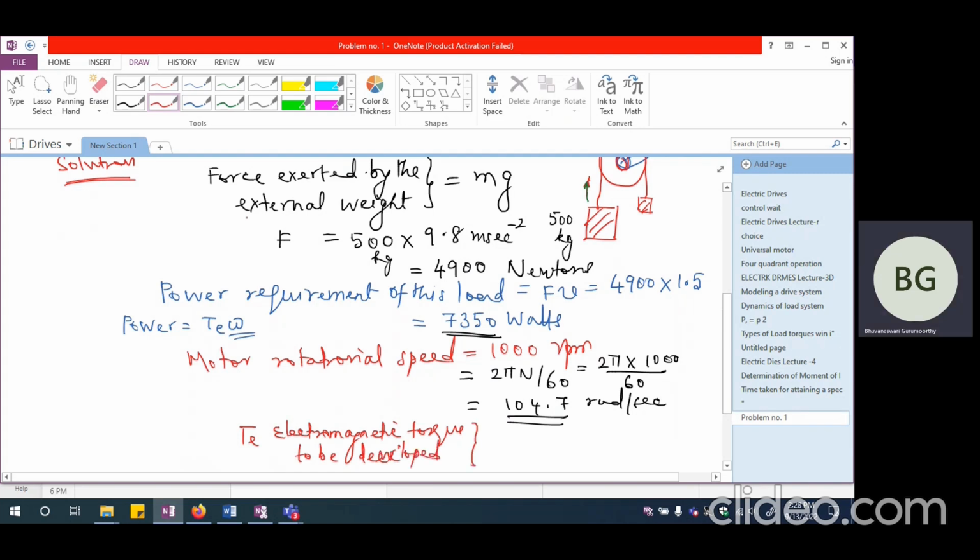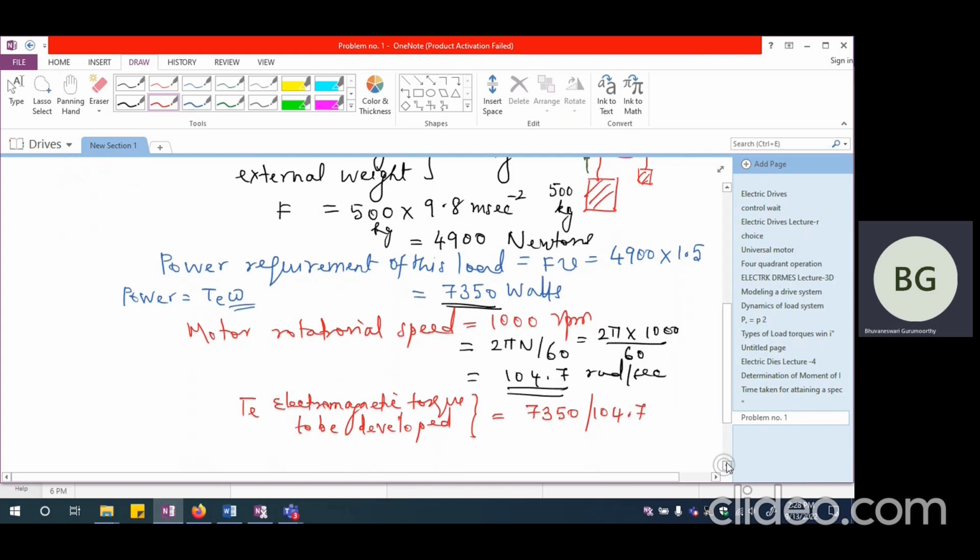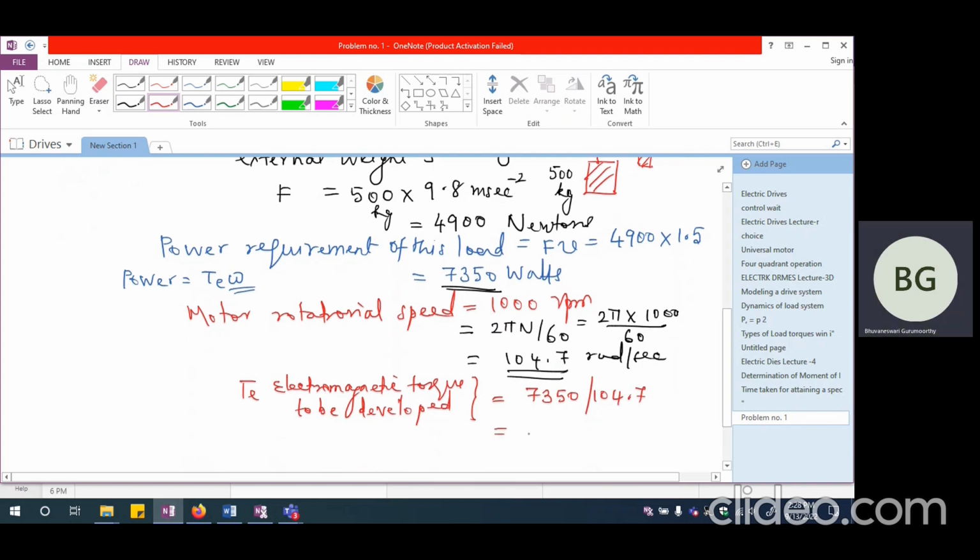That is going to be equal to 7,350 divided by 104.7 radians per second. So that is going to be the torque that needs to be developed by the motor. That comes out to be approximately 70.2 Newton meter.